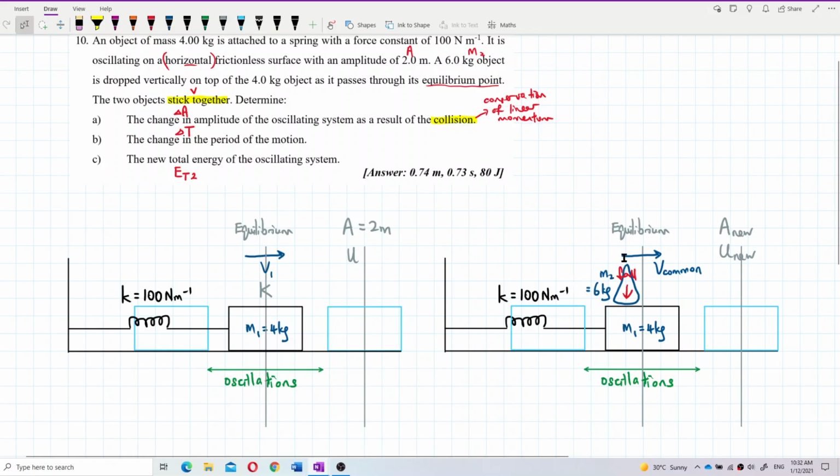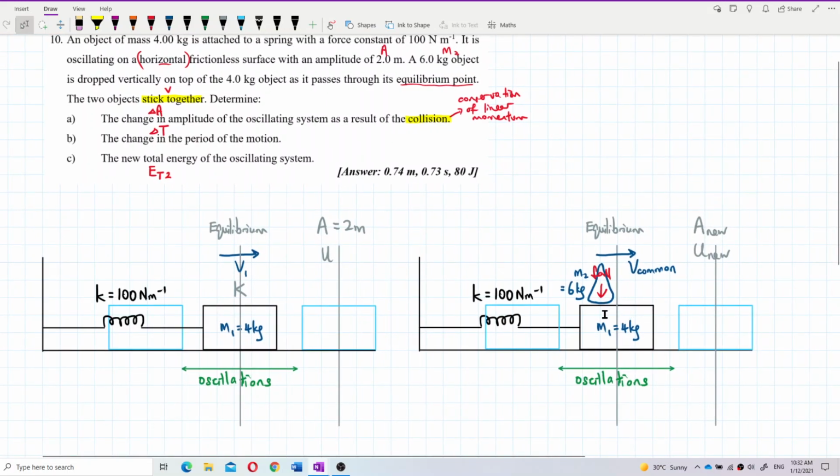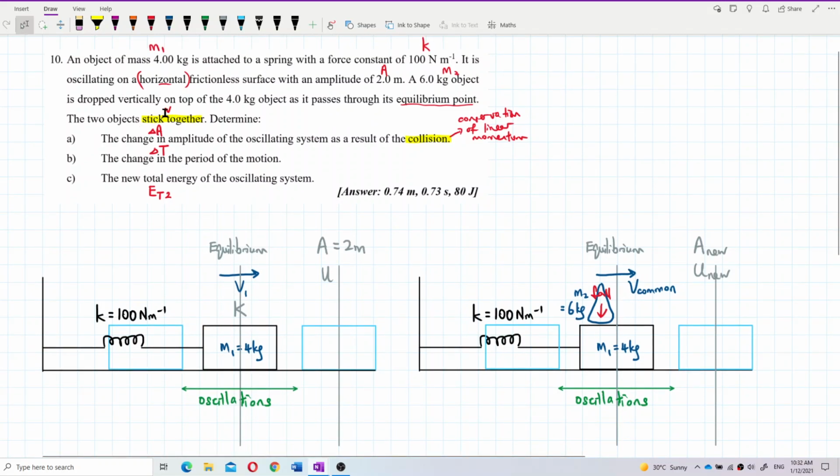And then the 6 kg falls onto mass 1. The velocity at the equilibrium position is no longer v1, it becomes a common velocity because they stick together. So here a collision happens at the equilibrium position.